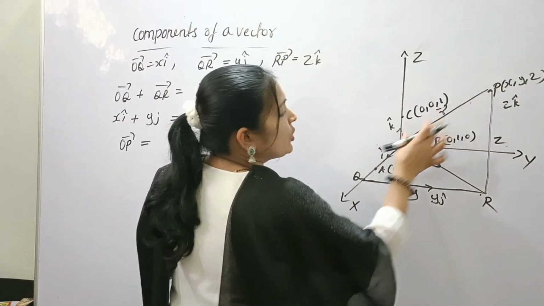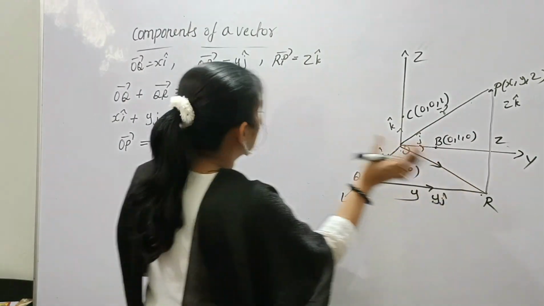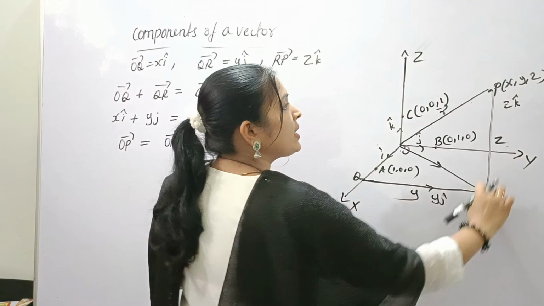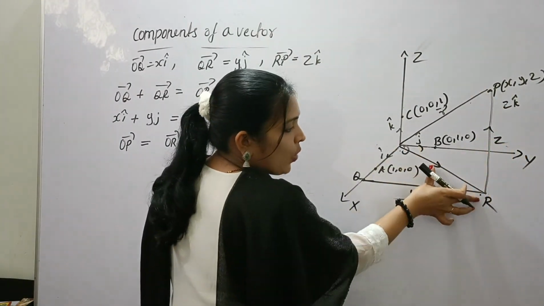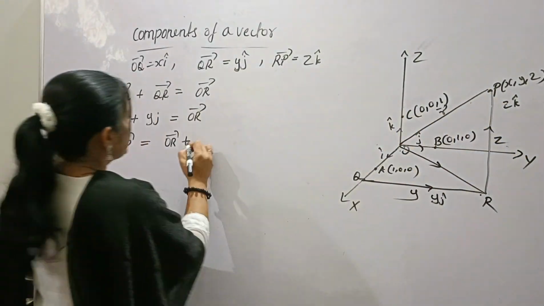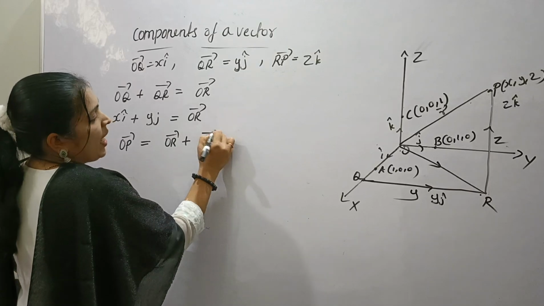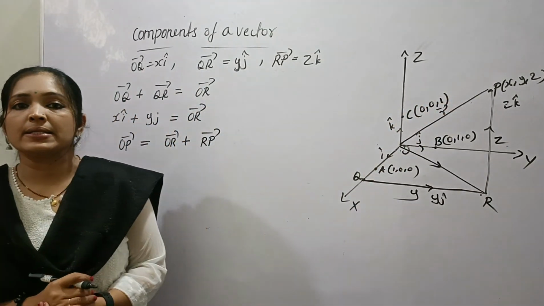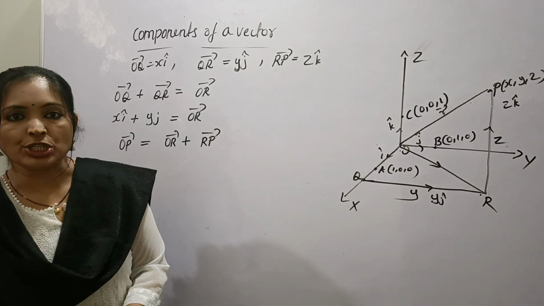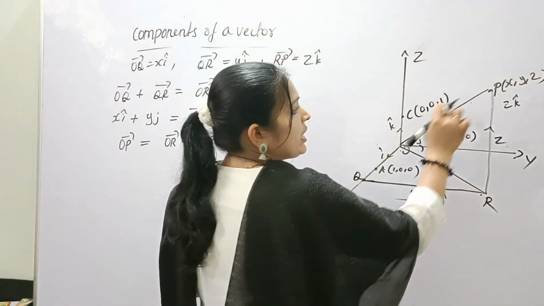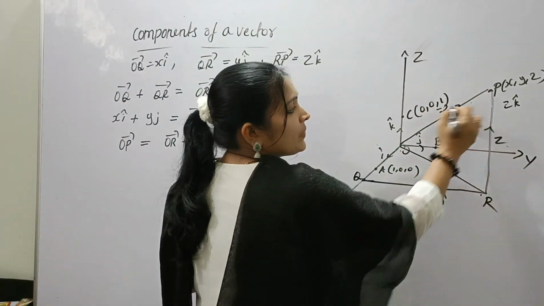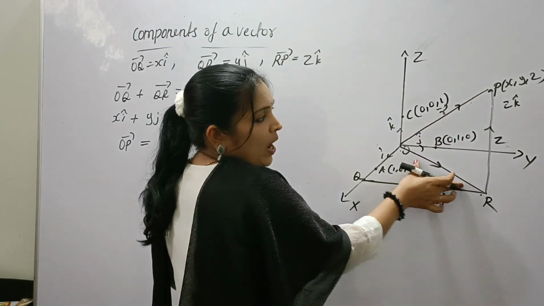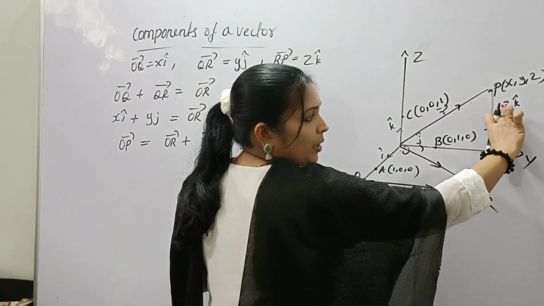Vector OP is equal to vector OR plus vector RP, by the triangle law of vector addition. So the position vector OP is equal to vector OR plus vector RP.